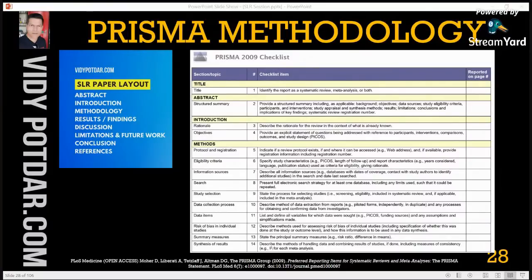The reason is, if you look at the last column, you have to mention which page in your systematic review paper this particular thing is covered. So where is the title covered? Where is the abstract covered? Where is the rationale, objectives, and so on? You have to mention the page numbers here. So when you submit the paper for review, the reviewers can easily find where the relevant information is, and they can read that specific information.